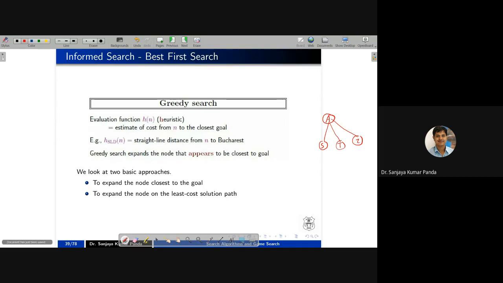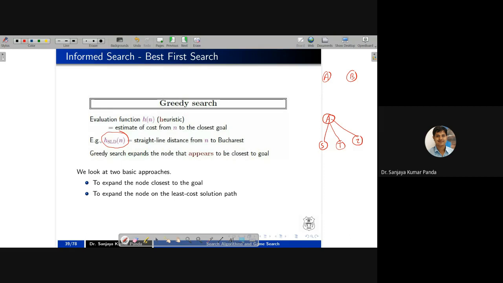In order to simplify this, here we consider h of n as SLD. SLD means straight line distance. Our intention is to solve the problem of reaching from a city A to city B in a Romania map, and you are given the straight line distance.